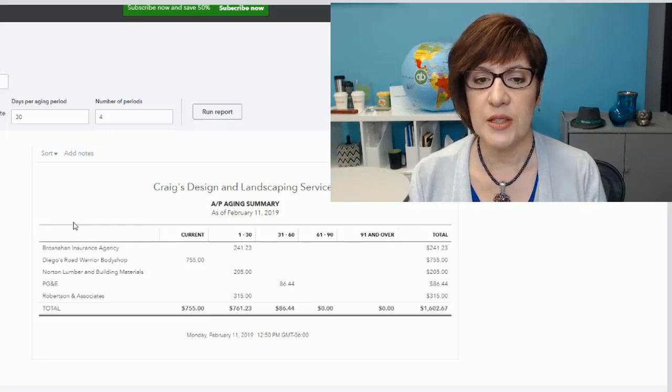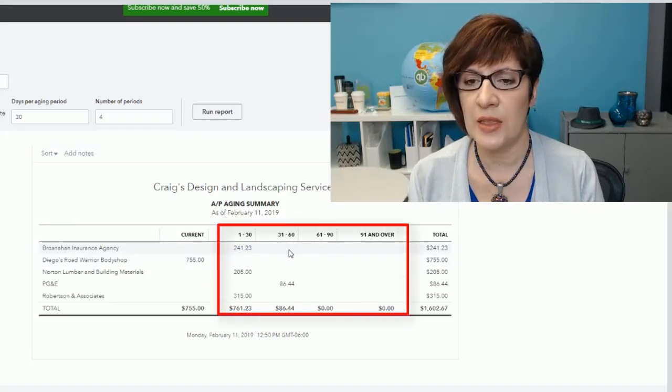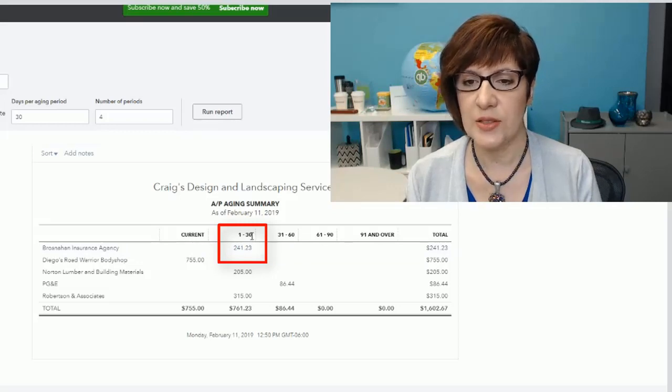And this is a list of all of the vendor bills that are entered in QuickBooks and they are aged, meaning they are listed in these categories and showing you the number of days past due. So in this case, where it shows 1 to 30 days, that means that this invoice, which is $241, is past the due date for up to 30 days.